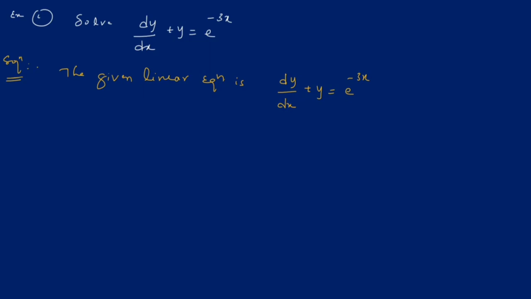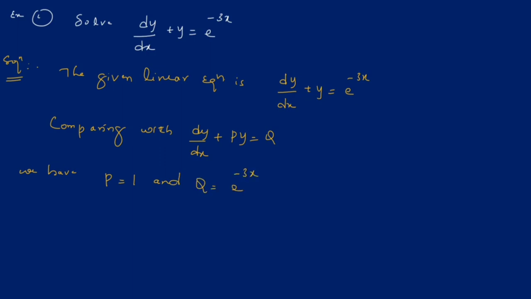Now comparing with the standard form, dy by dx plus py equals q, we have p equals 1 and the value of q is e to the power of minus 3x.